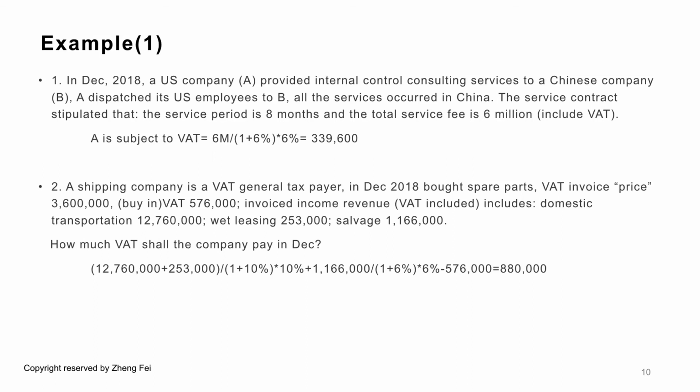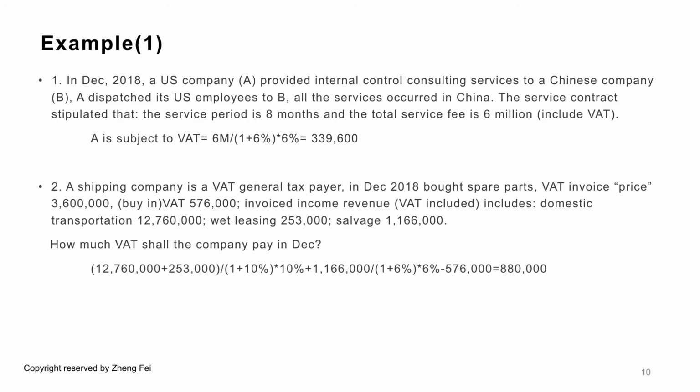The service contract stipulated that the service period is 8 months and the total service fee is 6 million, including VAT. As such, A is subject to VAT of the service price, which excludes VAT, multiplied by the rate, 6%.